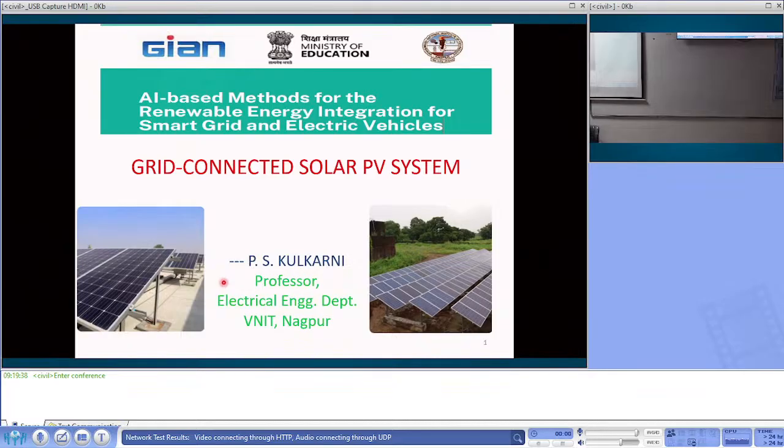In economic analysis, one has to cover the life cycle costing because the panel life is 25 years, and the output from the plant will not remain the same. I attended one course at the Electrical Engineering Department, IIT Bombay. Long back they had a 2 kilowatt rooftop PV plant on the terrace of the department.